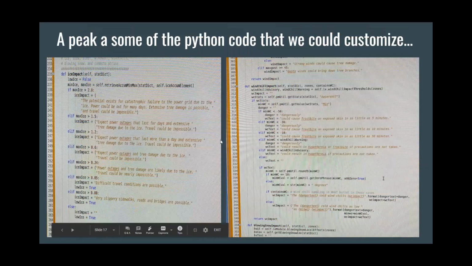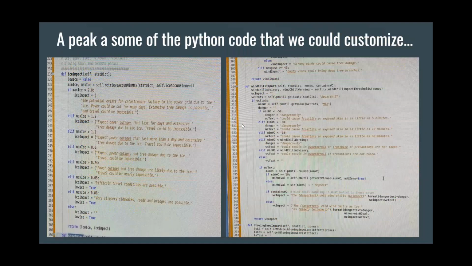This is maybe a little bit much if you don't know Python code, but this is sort of the behind the scenes of this product. I took some screenshots here of the code that Jen and I and one other guy in our office are tweaking.